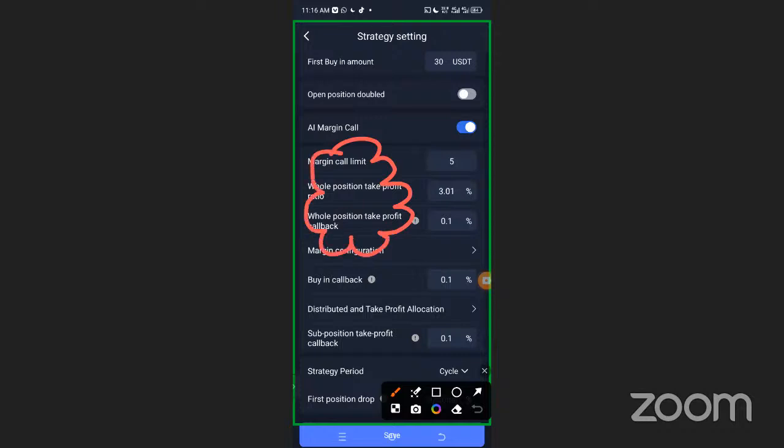In a cycle mode, it buys and sells consistently, and it is buying one single type of coin.